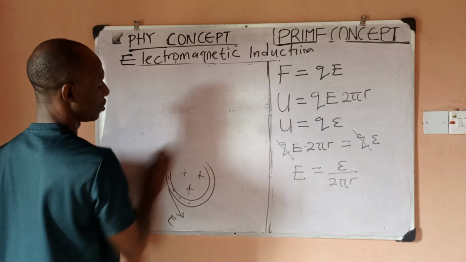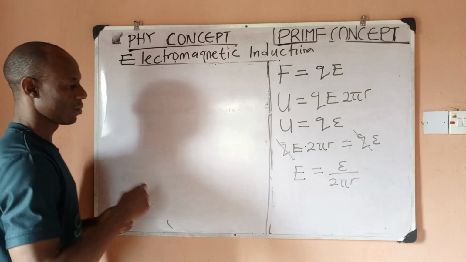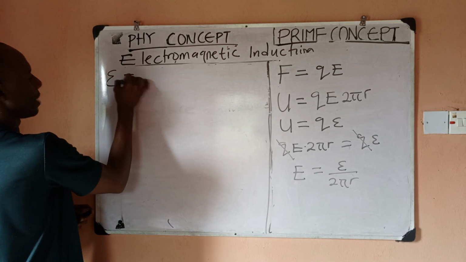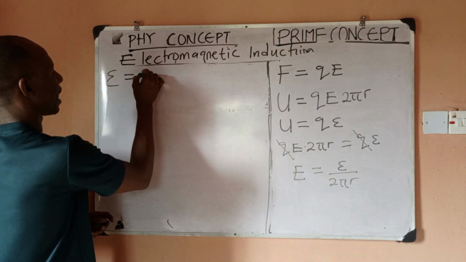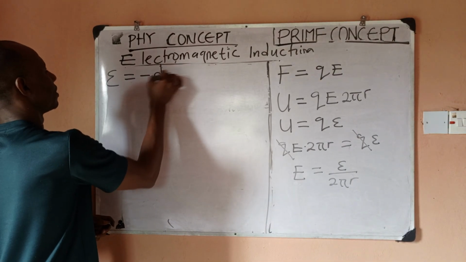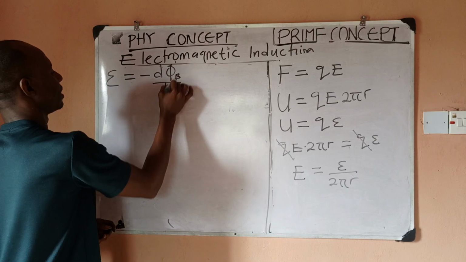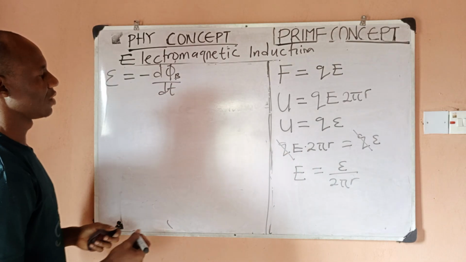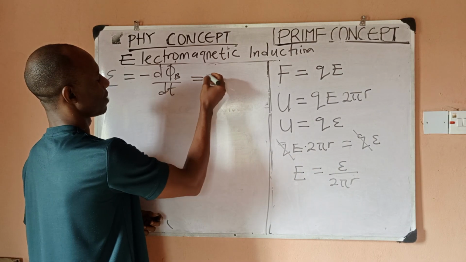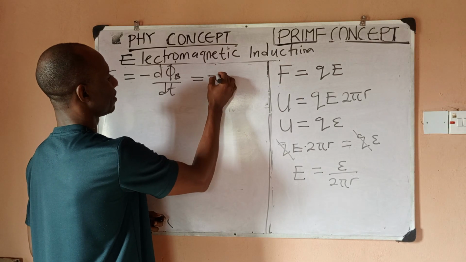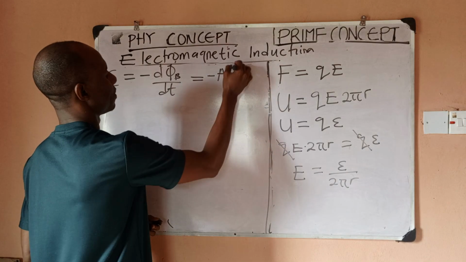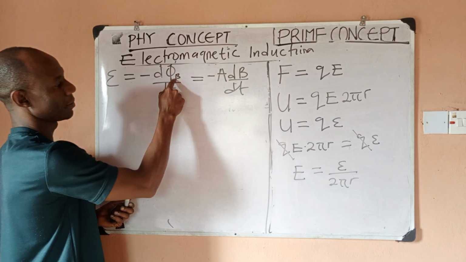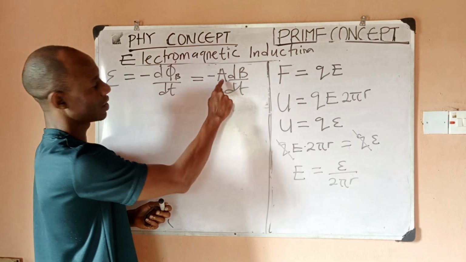If we introduce what we already learned from Faraday's law, we recall that the induced EMF is negative d phi B over dt. I can introduce this into this relationship, or reduce it further: negative A dB/dt, since phi is actually B times A, and I brought the area out, saying that the area is constant.